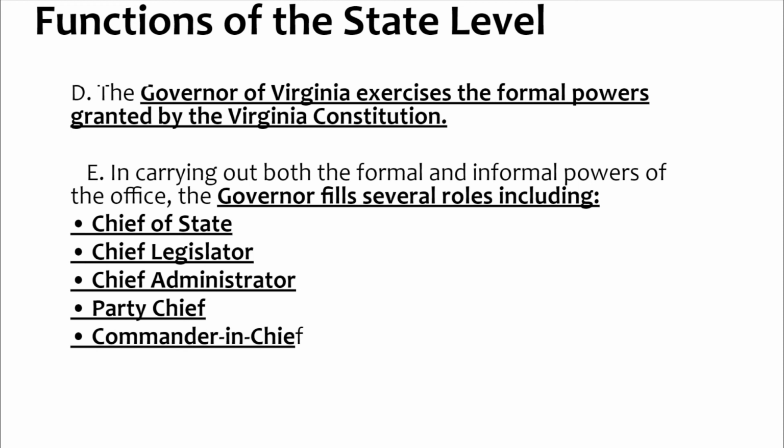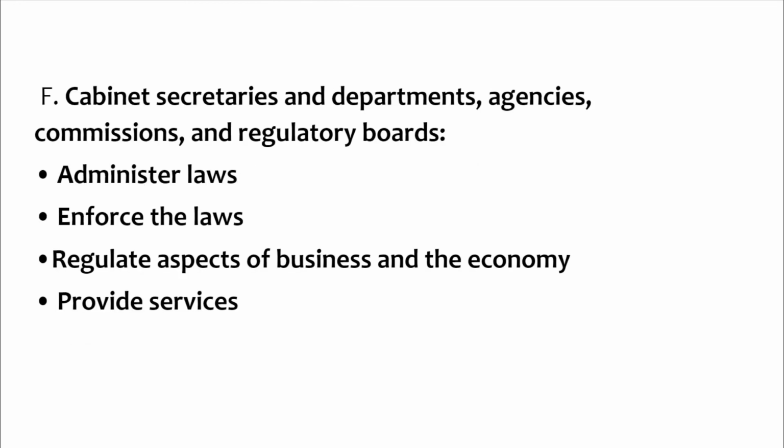So these different roles that the governor has are similar again to the chiefs that the president has. Along with that, there are also cabinet secretaries, departments, agencies, commissions, and regulatory boards that help do four very primary things: administer laws, enforce the laws, regulate business and the economy, as well as provide services for the members of that state.